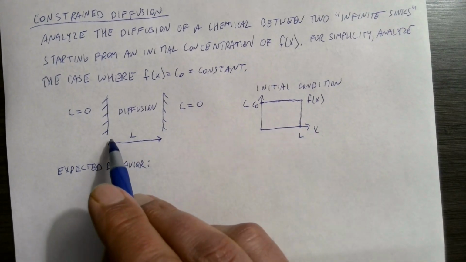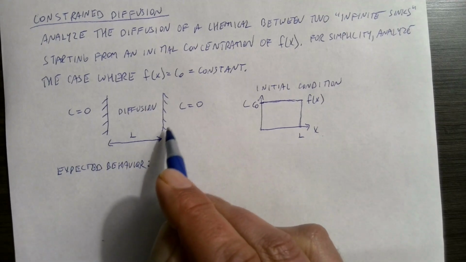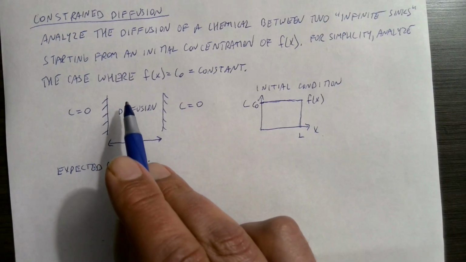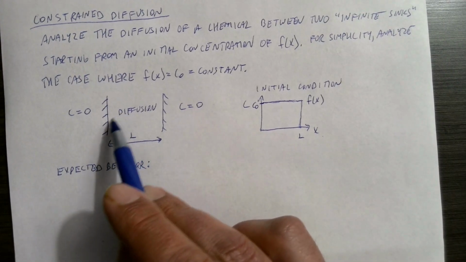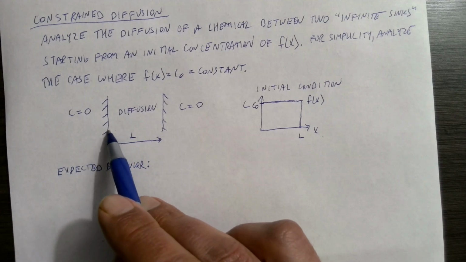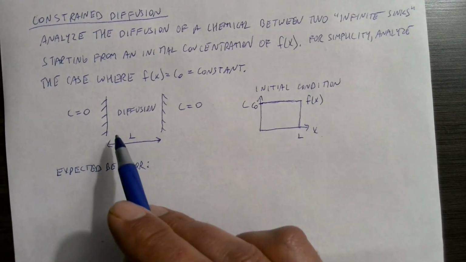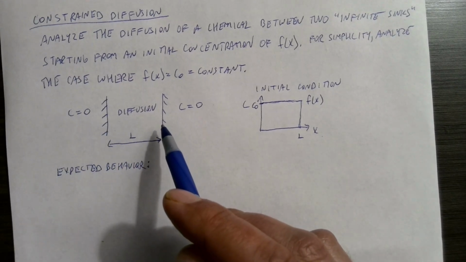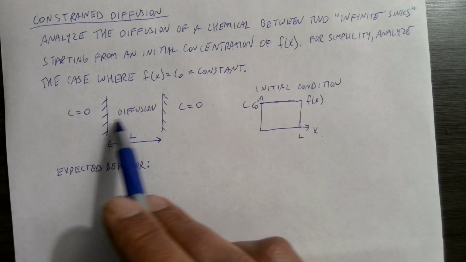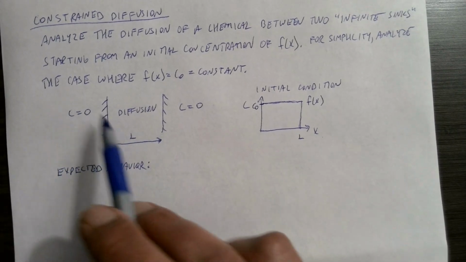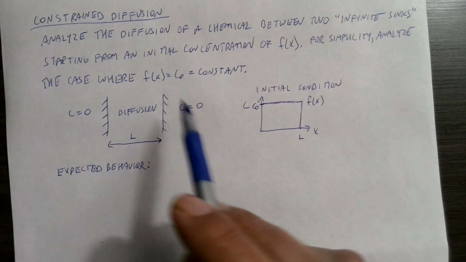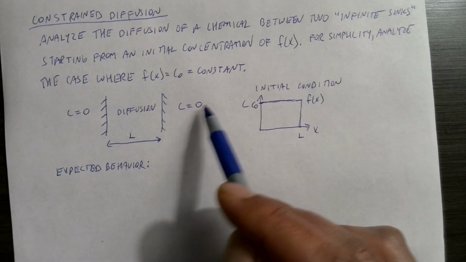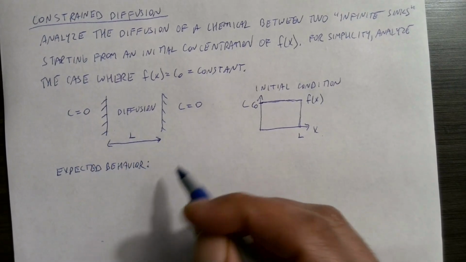Here we've got the distance between these two infinite sinks, quote unquote, is L, and we've got something in the middle, and because they're both sinks, all the molecules that get to the boundary are whisked away and they go to 0. This is something that you can set up and actually do something reasonably close to in reality. If you have a thin tube and you've got a big tank over here and a big tank over there, where they're mixed, the mass in here will be really small compared with the outside. So it's not such a crazy thing.